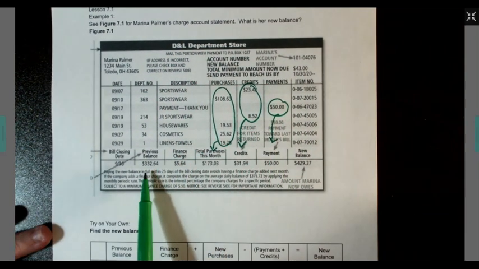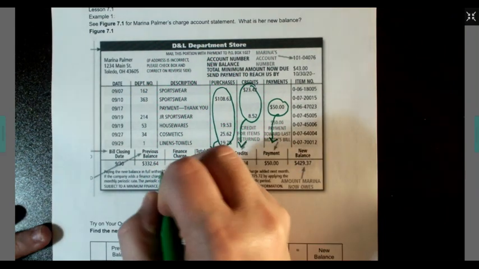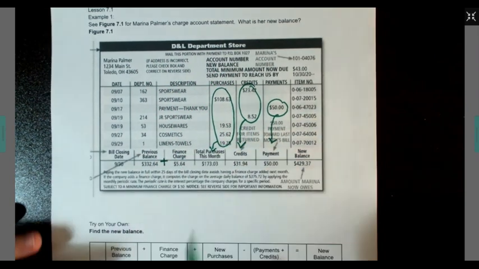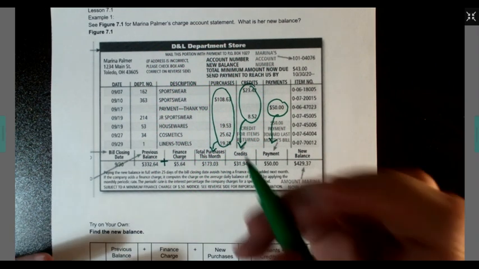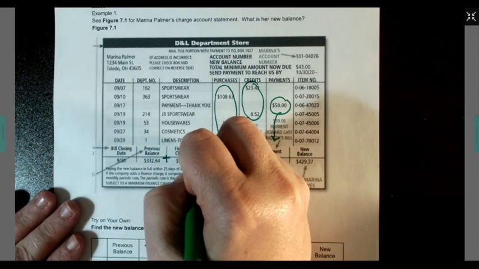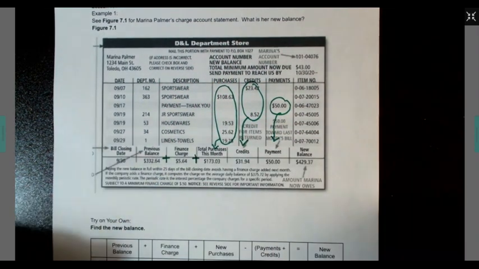Now, so we already started with the balance of $332.64. Finance charge, they're charging me that because I didn't pay my bill off. Because I still owe them $332.64. So they're going to charge me a fee. Okay. They're going to charge me for the new purchases I made. I obviously decided I needed more stuff.